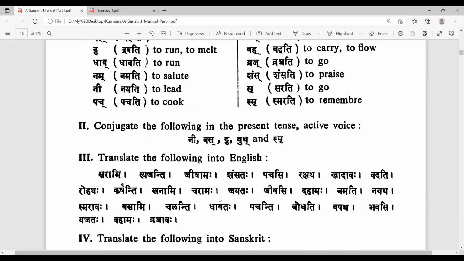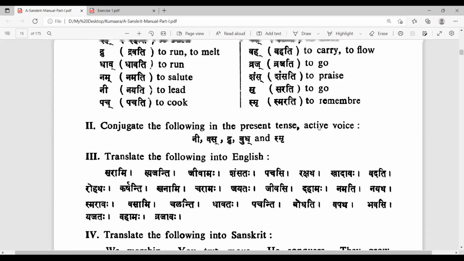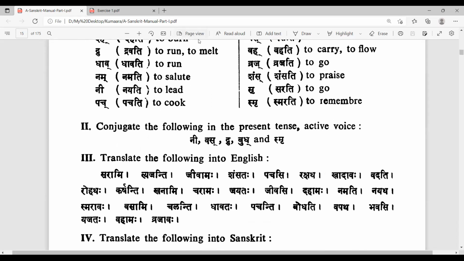Conjugate the following in the present tense, active voice. Lat lakara, kartari prayogah. Ni will become nayati: nayati, nayataha, nayanti. Right? It's Ubhayapadi, in fact. You have not introduced Atmanepada. We know it is Ubhayapadi. Middle voice, Atmanepada, is also possible.